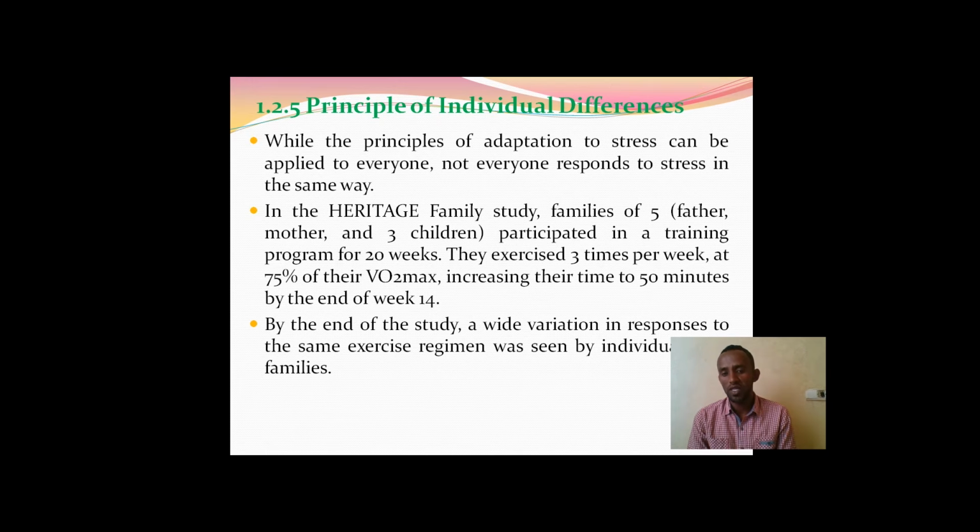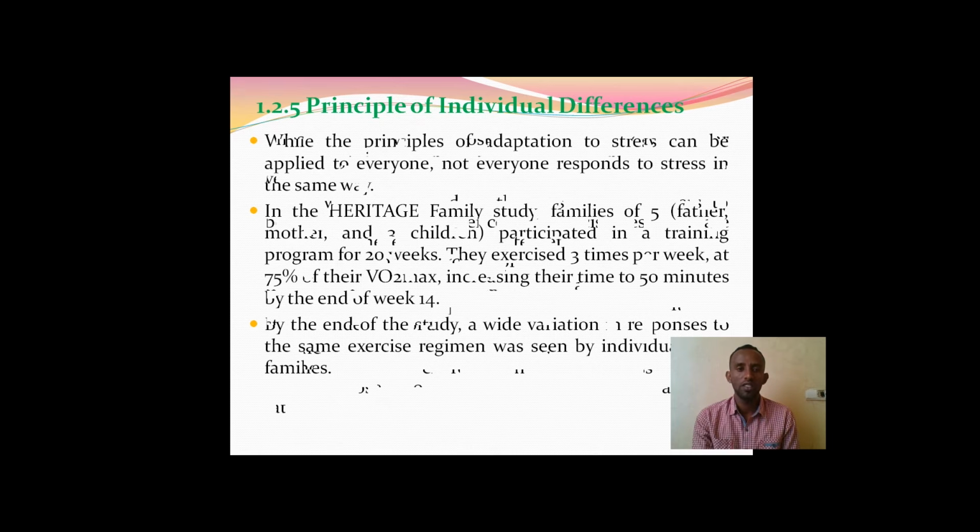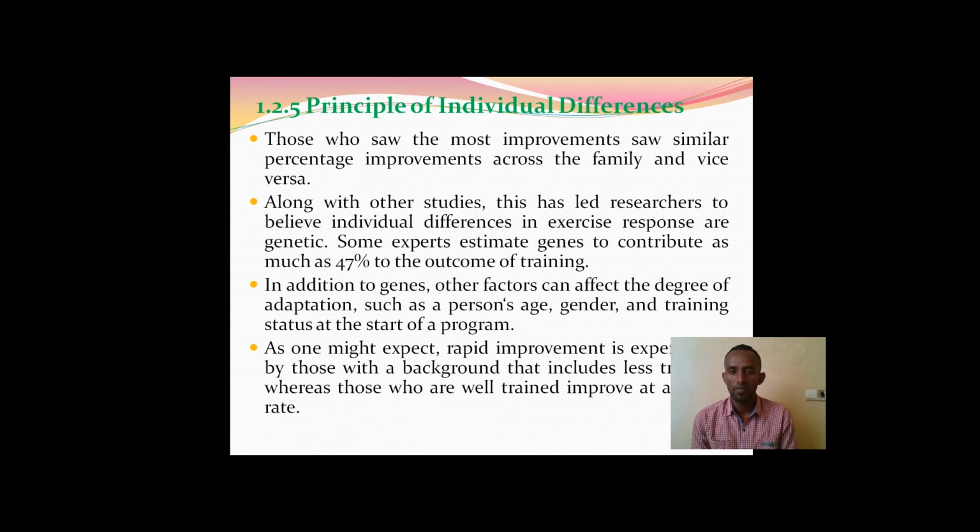There were differences between families, and even between people in the same family, and this is described as the principle of individual difference. Those who saw the most improvements saw similar percentage improvements across the family and vice versa, and along with other studies, this has led researchers to believe individual differences in exercise response are genetic.